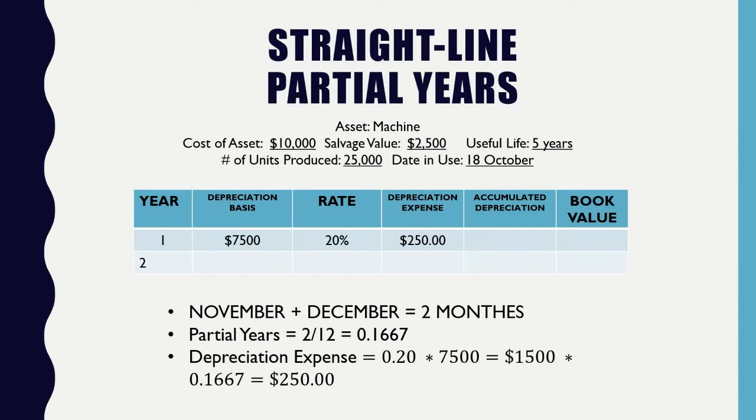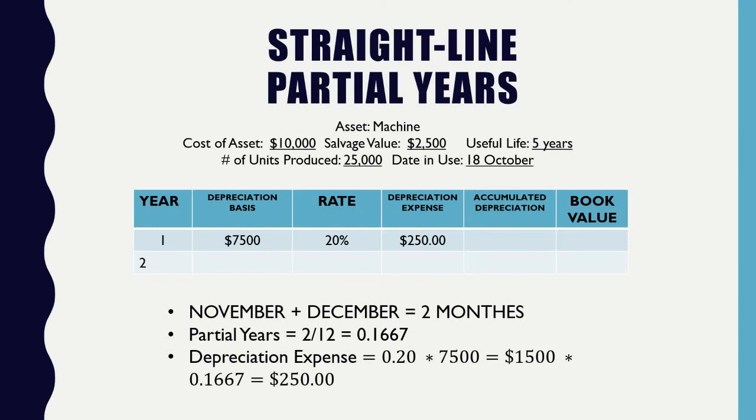Or you could just multiply 2 and divide the whole thing by 12. You'll still get the same answer. So when you multiply it by the 1,500, you're going to get $250.